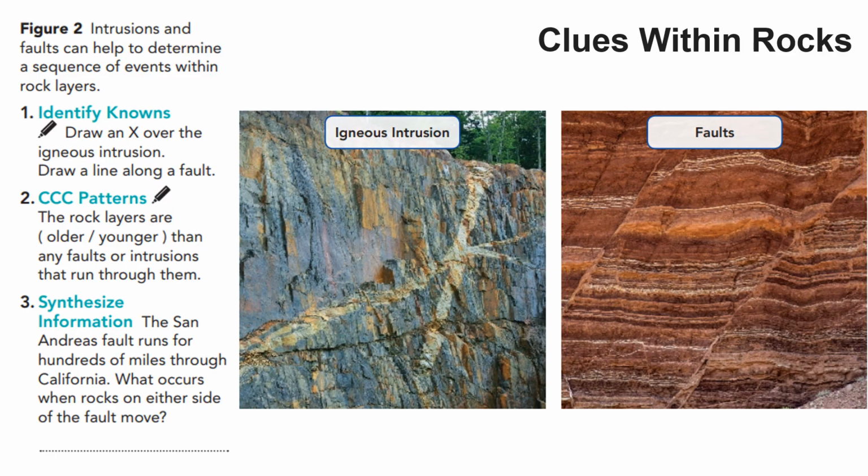All right, clues within rocks. Figure 2. Intrusions and faults can help to determine a sequence of events within rock layers. So the first thing we need to do is draw an X over the igneous intrusion and draw a line along a fault. So our igneous intrusion is here where everything's kind of coming together.